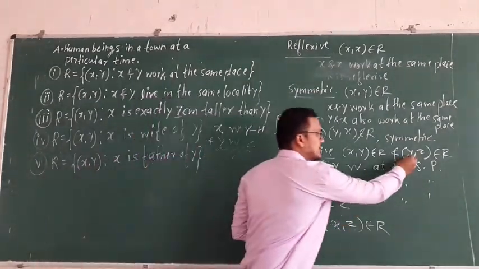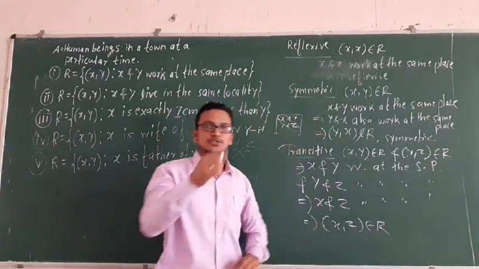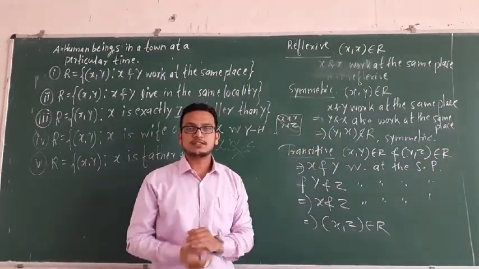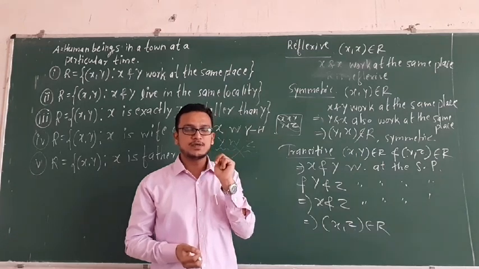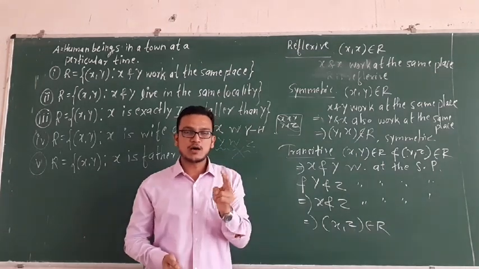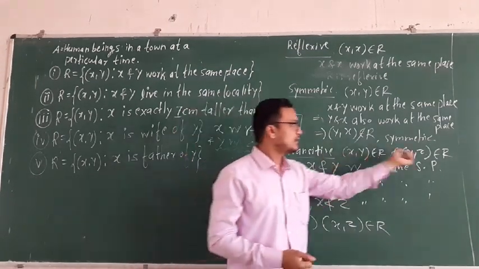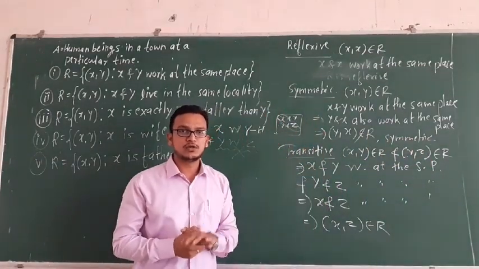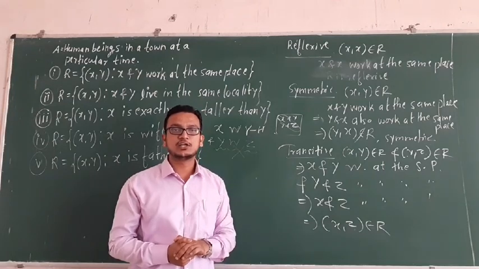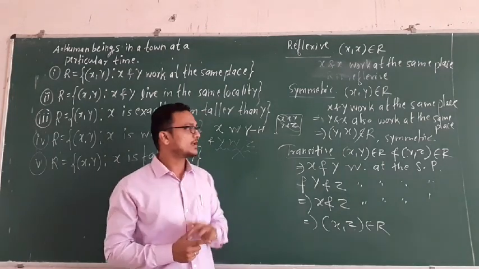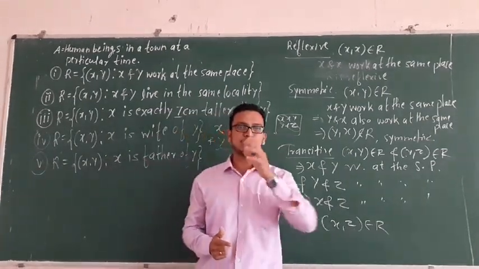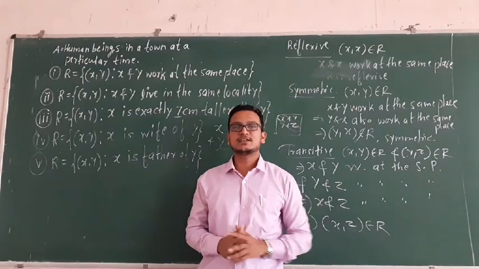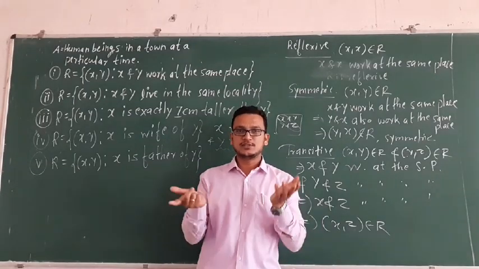This (y, z) belongs to R is not possible. But to check the transitivity, we must have two ordered pairs present in R. Among those two ordered pairs, (x, y) and (y, z), if any one is not possible, then we have to conclude R is transitive. I have given you an example, the judge and thief example.